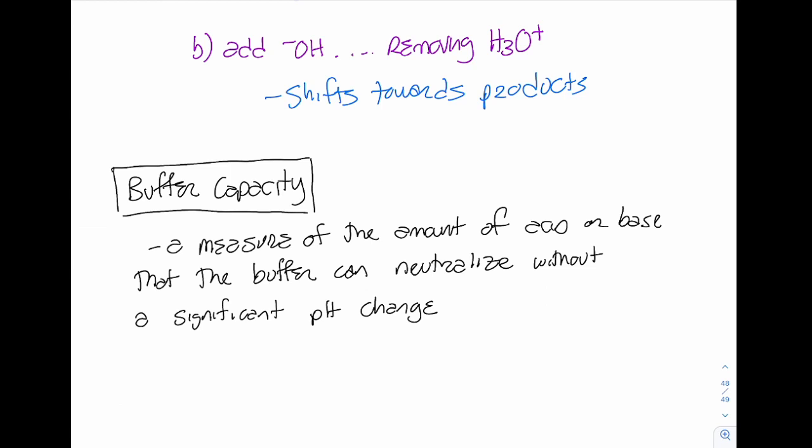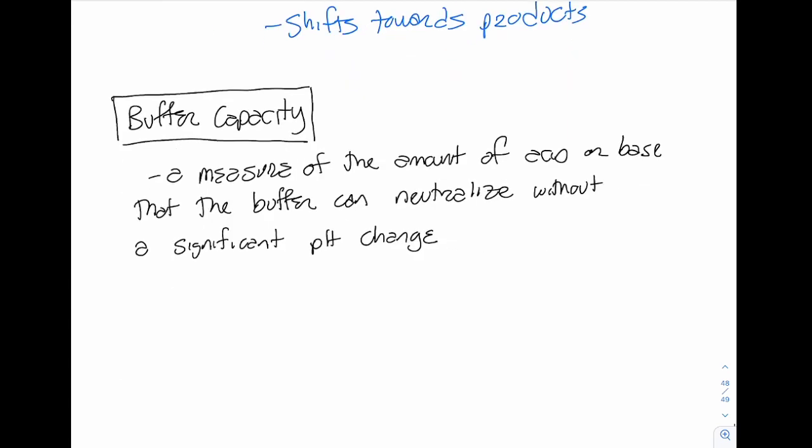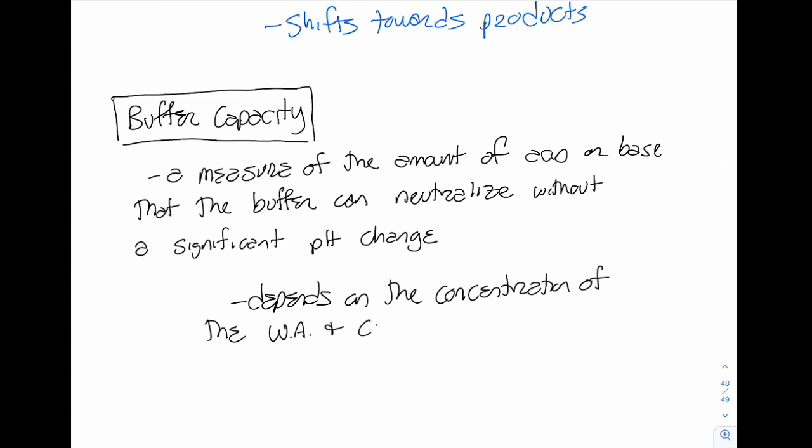And what this really depends on is the concentration of the weak acid and its conjugate base, or the concentration of the weak base and its conjugate acid, whatever it happens to be. So this depends on the concentration of the weak acid and conjugate base, or weak base and conjugate acid in the buffer.